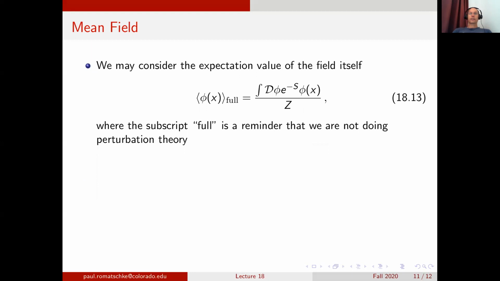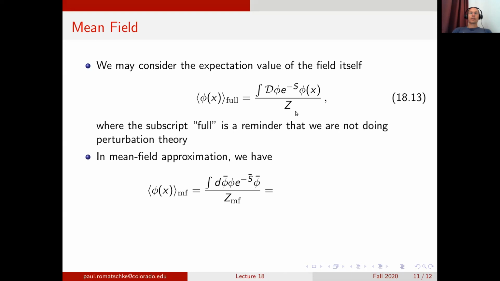We can also consider expectation values of the field itself. So an expectation value of the field using the full action S rather than just the free action is given as the path integral of phi e to the minus S of phi over Z. In the mean field approximation, all of these are just given by the integration over the mean field and the mean field action.